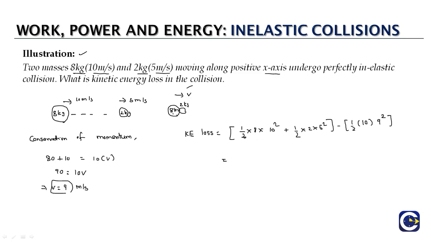So 10 square is 100, 4 into 100 is 400, and the 2 ones cancel, plus 5 square will be 25. Then 9 square is 81, so 81 tens are 810 by 2. So 425, and over here it is 810 by 2, which would mean 405.